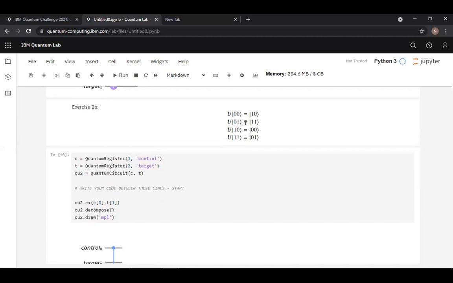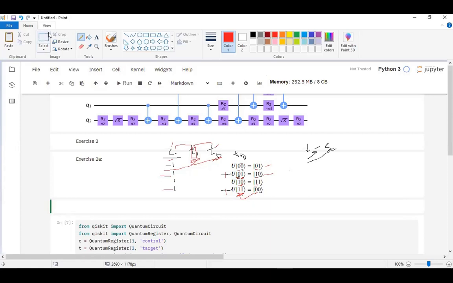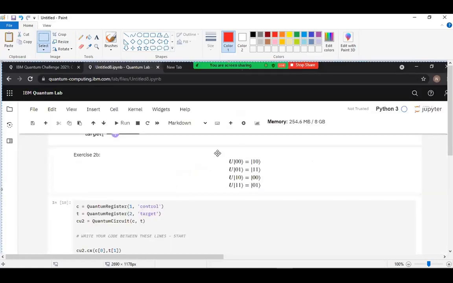So we take the same approach over here. The first thing which we should notice is how the state is evolving.